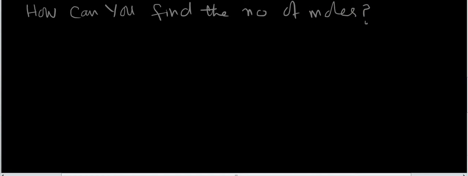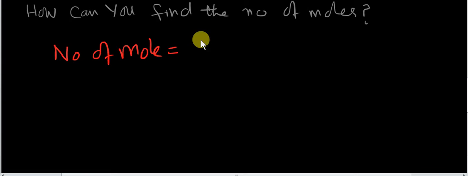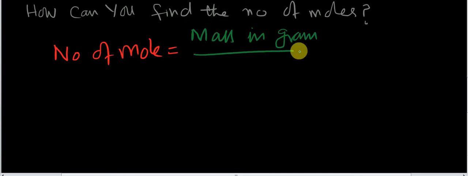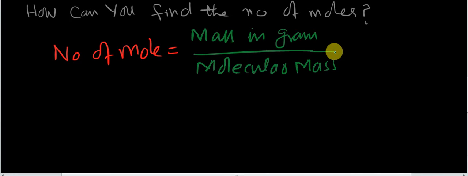The formula of mole is very simple and it is used in stoichiometry. The formula is number of moles is equal to mass in grams, g stands for grams, divided by molecular mass or relative molecular mass. Both terms are the same. This is the formula of moles, and you can use this formula to find out the number of moles.